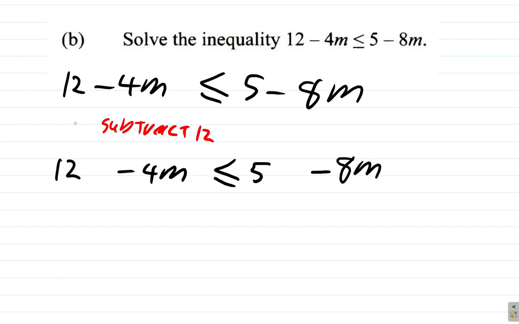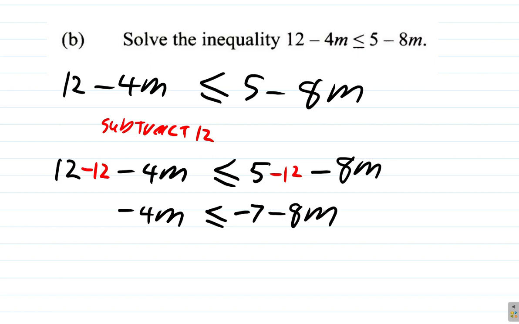So, if I subtract 12, subtract 12 from the left and subtract 12 from the right. 12 minus 12 is 0. So you have negative 4m is less than or equal to 5 minus 12, which is what? 5, 6, 7, 8, 9, 10, 11, 12. It's negative 7. Negative 7 minus 8m. Alright? So you see that?